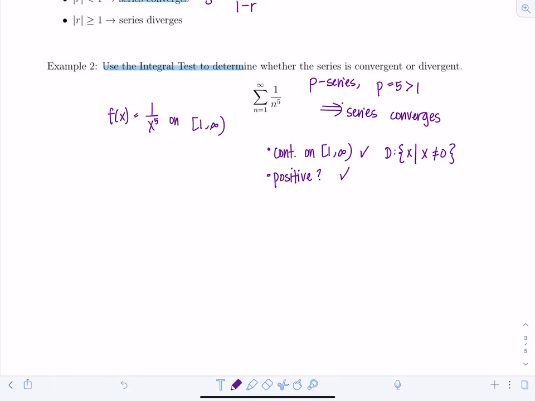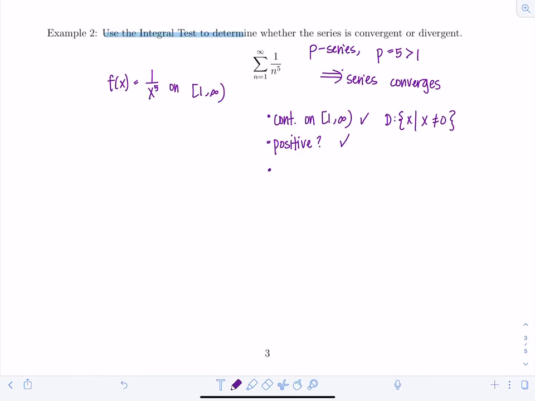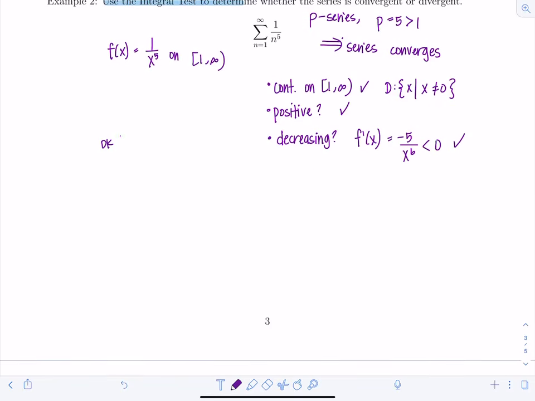Yes, it is. I'm only substituting in positive values for x. And then is the function decreasing? Well, let's check its derivative. f of x is x to the negative 5th, so f prime of x is going to be negative 5 over x to the 6th, and this is definitely less than 0. Denominator is always positive, numerator is always negative. So that means it's okay to use the integral test.